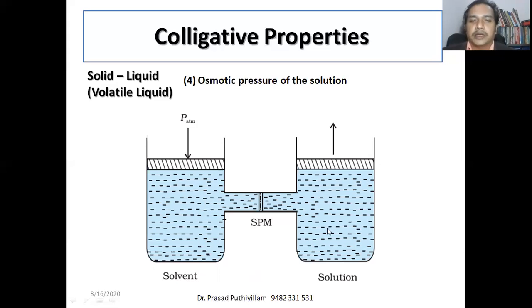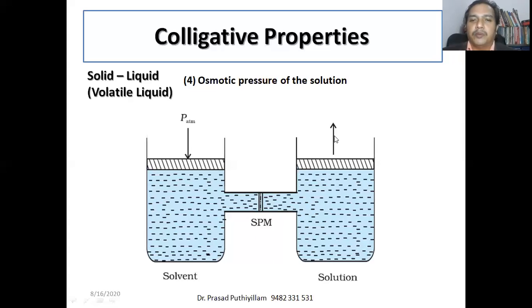The same volume is taken, separated by a semi-permeable membrane, and two pistons are kept. Here the pressure is indicated as 1 atmosphere, meaning no extra pressure is applied, only atmospheric pressure. After some time, the solvent molecules will pass through the semi-permeable membrane, and the solution container level should rise up.